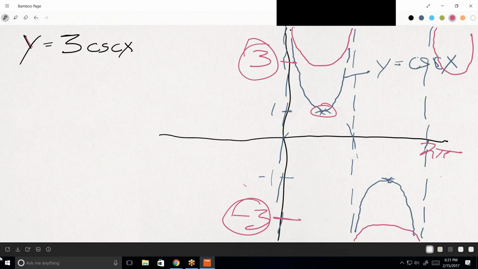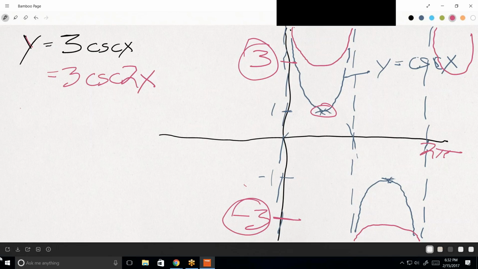Each counts as half, so the full period of cosecant is normally 2 pi. And if you had something like 3 times cosecant of 2x, you would find the period in the same way you would if it was sine.